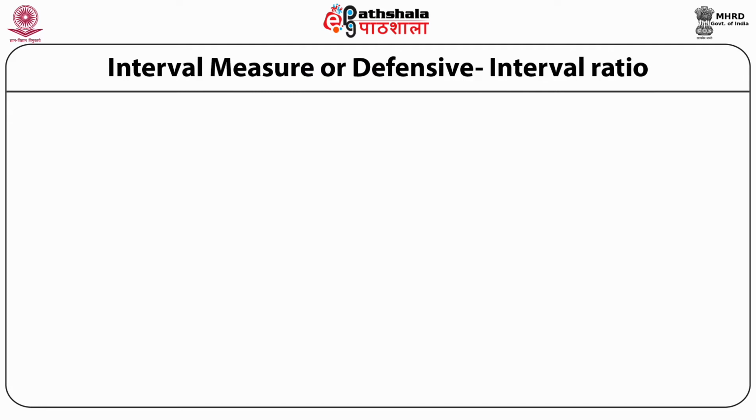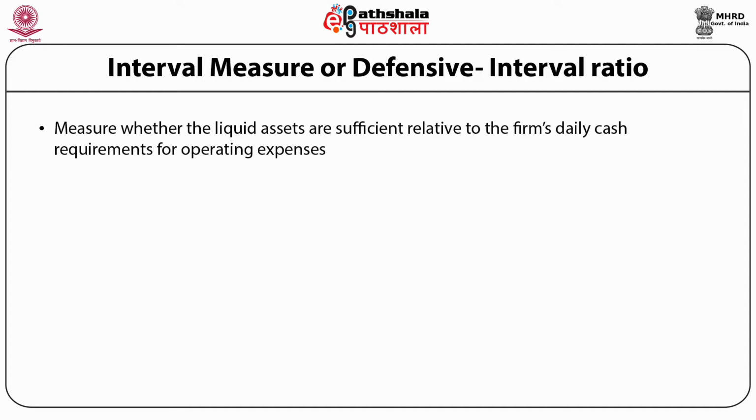Next ratio is interval measure or defensive interval ratio. It measures whether the liquid assets are sufficient relative to the firm's daily cash requirements for operating expenses or not. For calculating this ratio, we use the following formula.